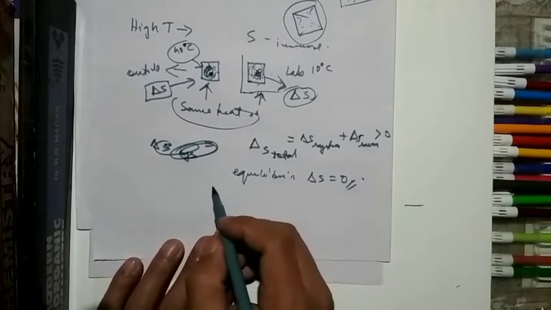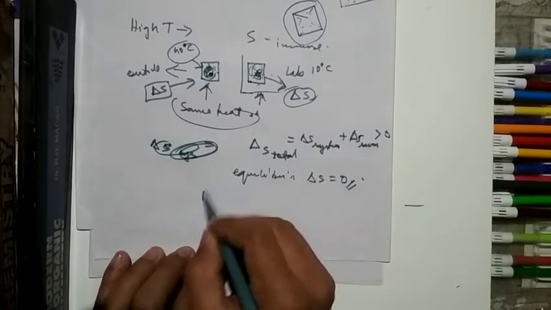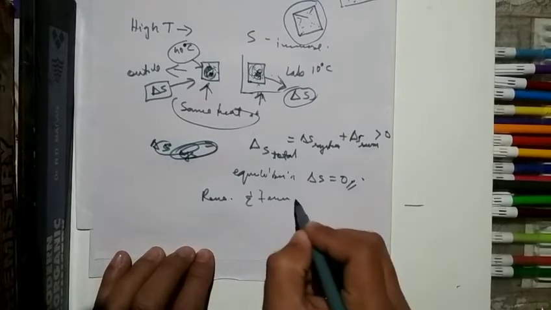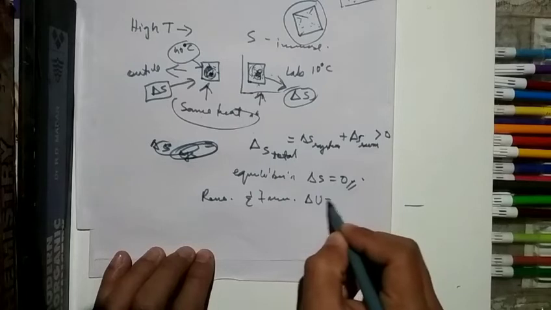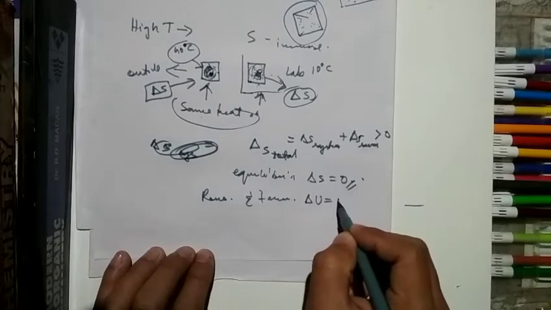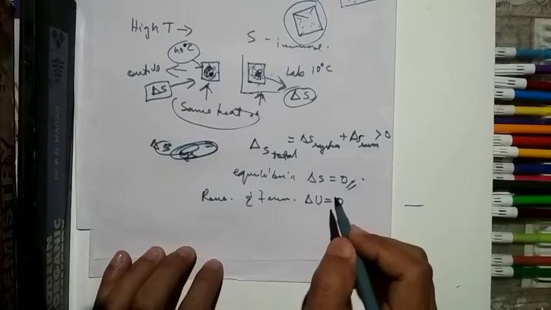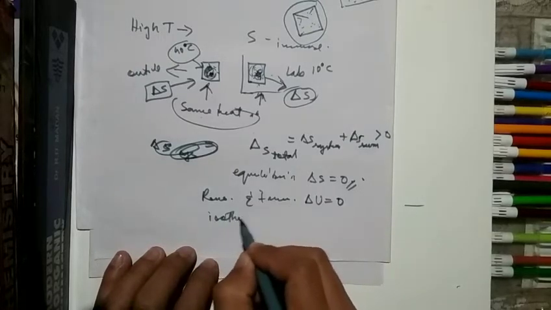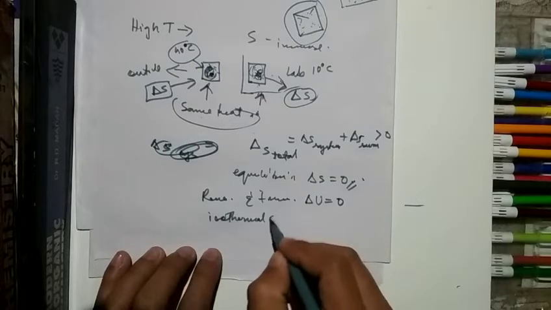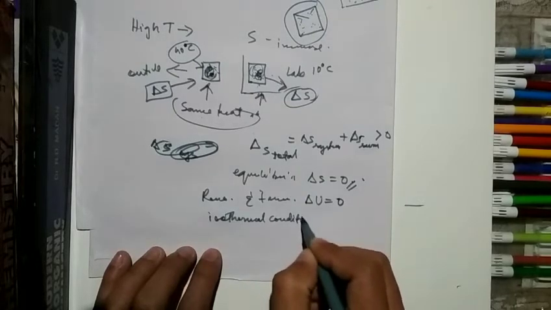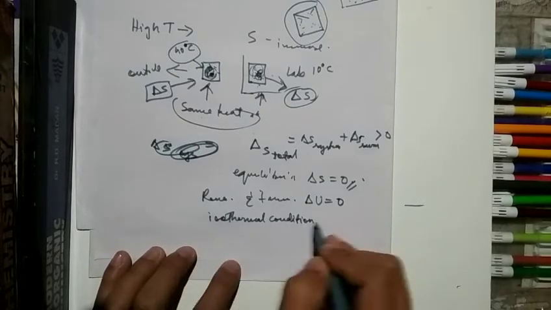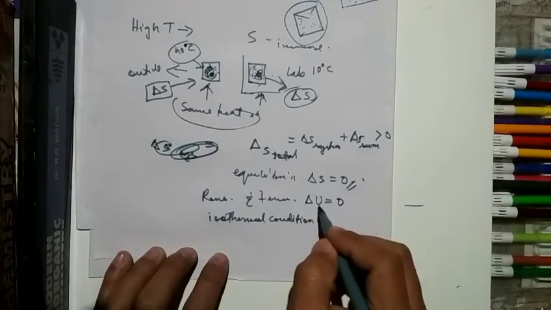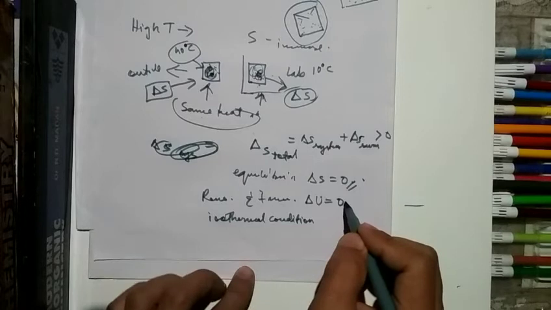Now we know that for both reversible and irreversible processes, delta U is equal to 0 for an isothermal condition. Isothermal condition means temperature is constant, so internal energy change will be 0.